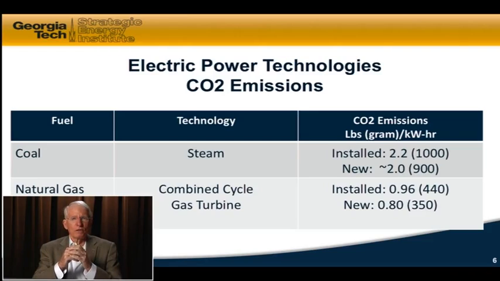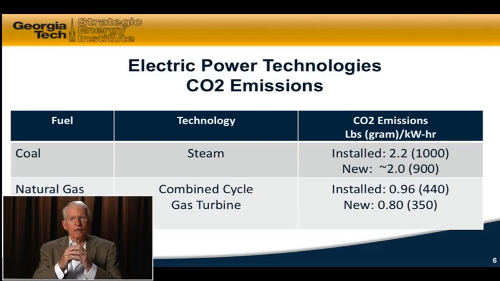It's essentially the same technology. And so we've been working on it and trying to improve it for 150 years, and it's pretty well asymptote the efficiency that we can get out of the coal-fired steam cycle.